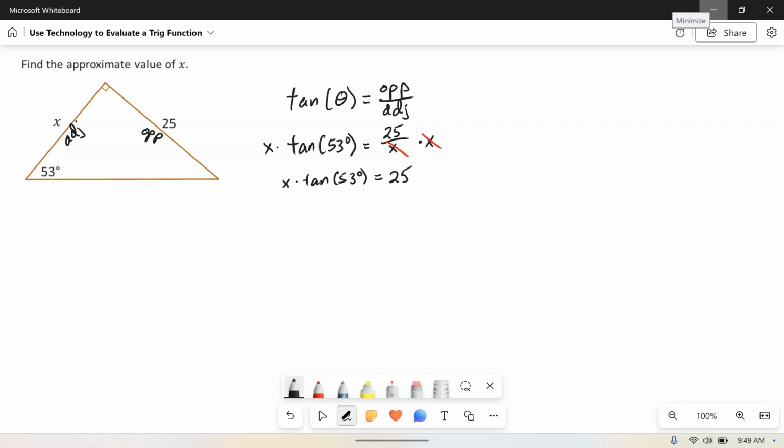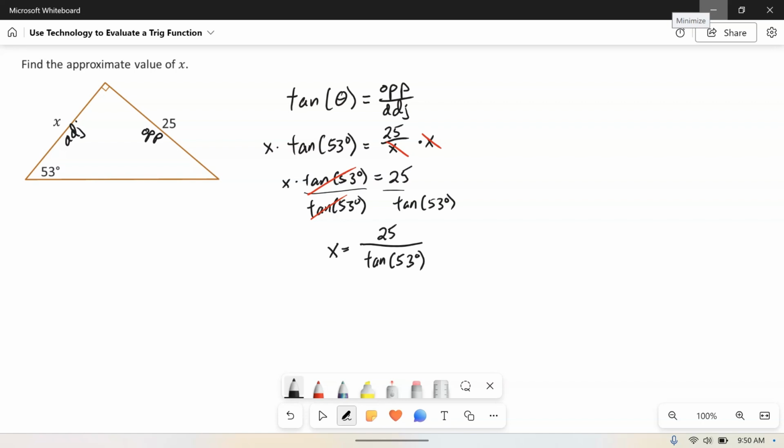And then the next step is to divide both sides by the tangent of 53 degrees. Doing so cancels the tangents and isolates the x. So we have x is equal to 25 divided by the tangent of 53 degrees. And that is the exact answer. But in this case, we want to find an approximate answer for this.